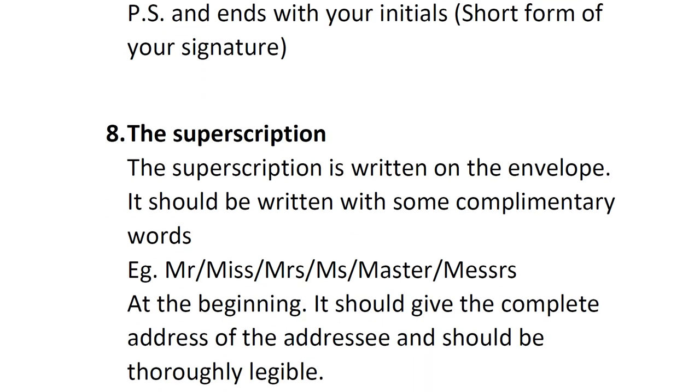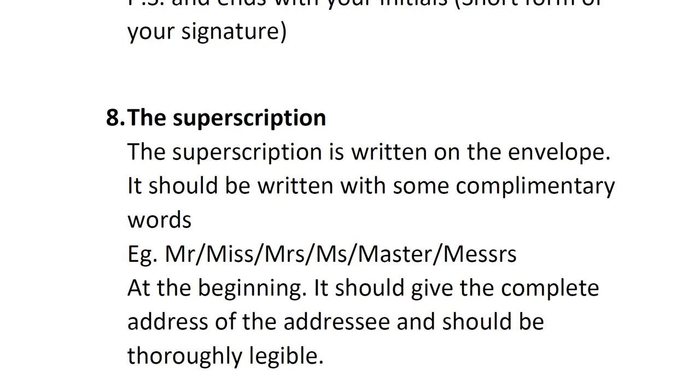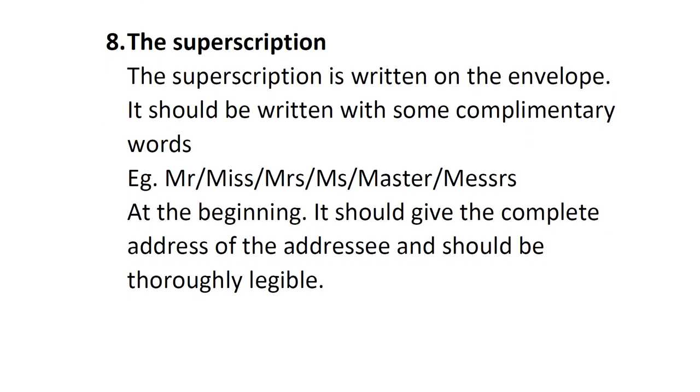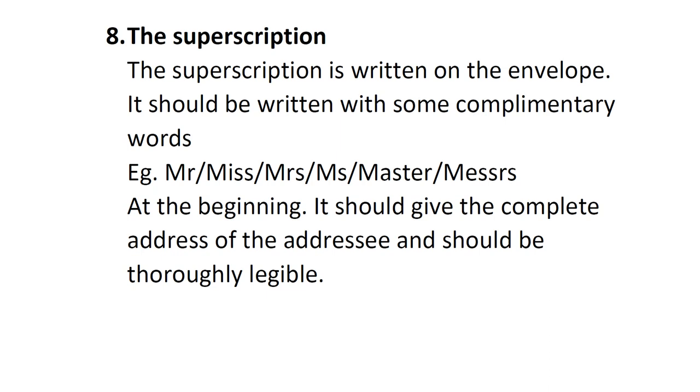Okay, now as in your informal letter, we go to the superscription. Here there is an extra point. In the examples that I have given you, there is Mr., Miss, Mrs., Ms., Master and Messrs. Now what is Ms.? Mr. is for a man.